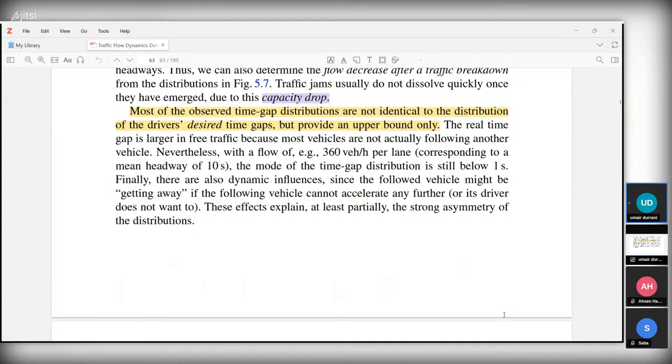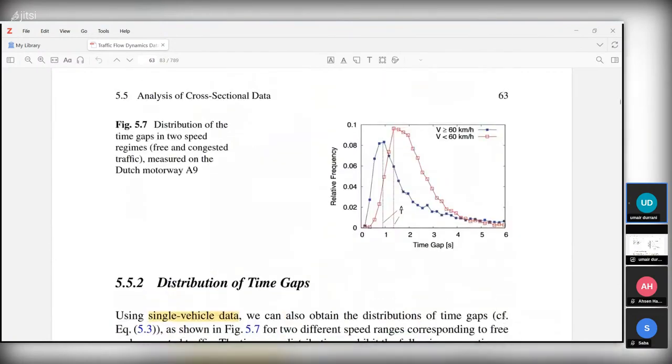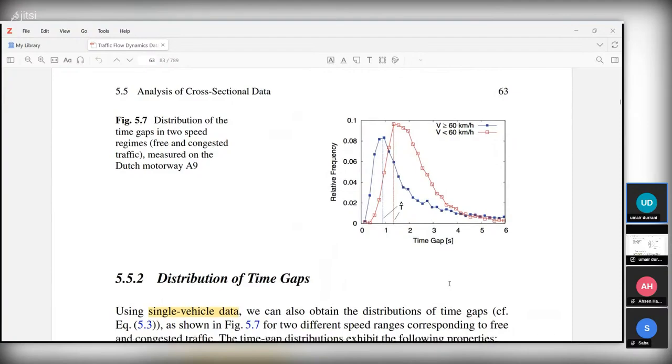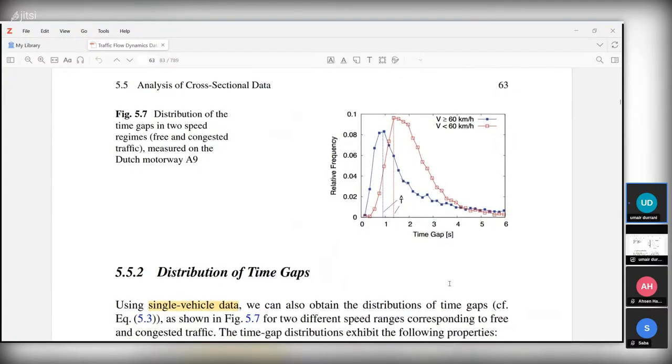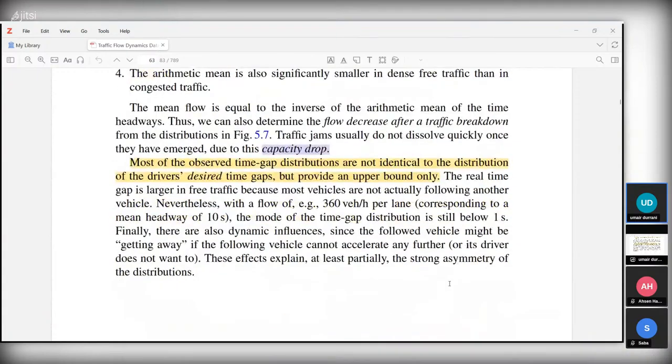Most of the observed time gap distributions are not identical to the distributions of drivers' desired time gaps. As I mentioned before, what we see here is just the upper bound. These are not representing the smaller desired time gaps that people would actually keep if they can.